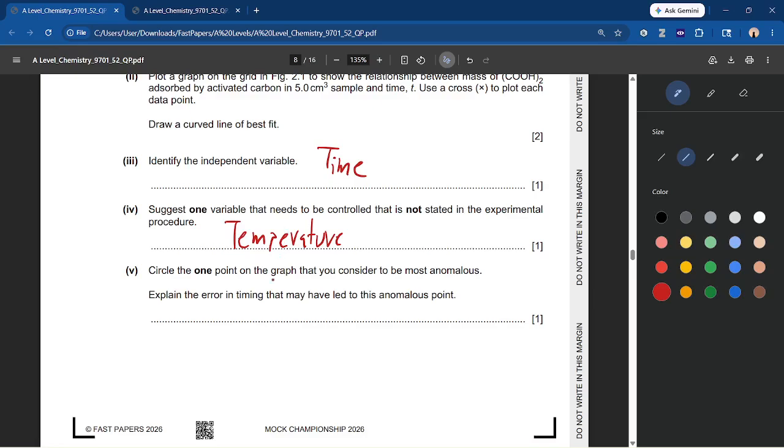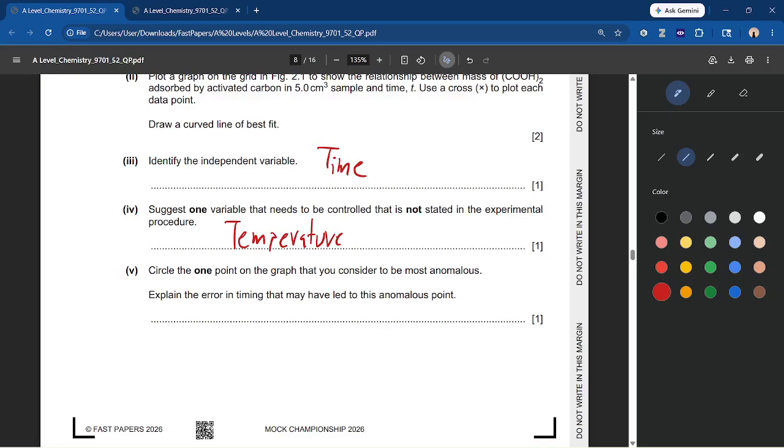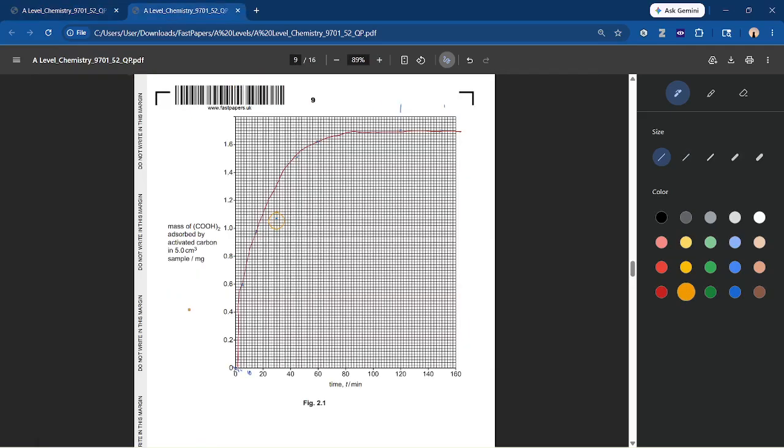So we've already done that. Explain the error in timing that may have led to this anomalous point. So is that the one at 30 minutes? Yeah, that's the one at 30 minutes. And so, because we're taking a look at when this was taken, this could have been taken before 30 minutes actually passed, because it's much lower, right?